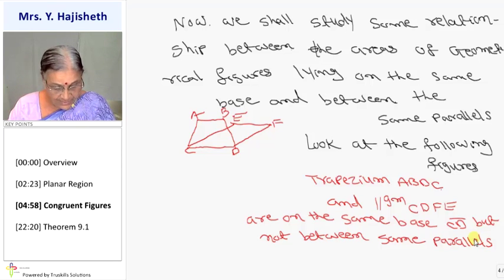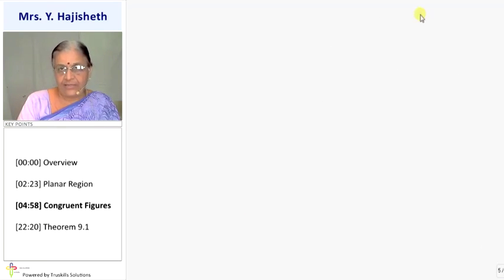Because CD is parallel to AB and CD is parallel to EF also, but AB and EF are not on the same line. So here trapezium ABDC and parallelogram CDFE are on the same base CD, but they are not between the same parallels. Okay. Now let us take the second figure.